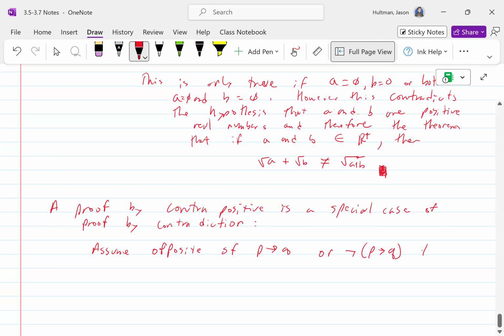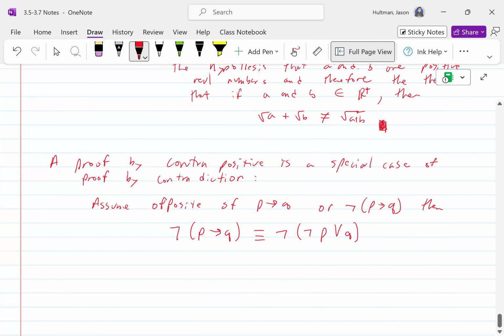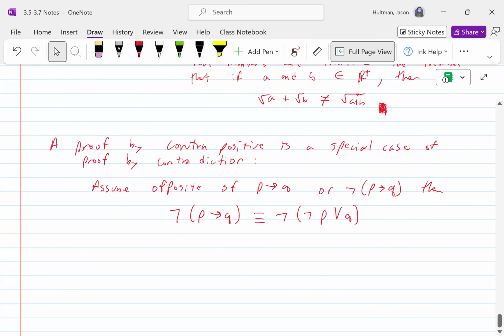Then we can say not (P implies Q) is logically equivalent to not (not P or Q). Is that and or? It's or. Not (not P or Q).